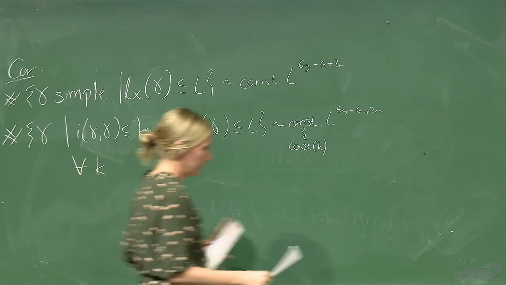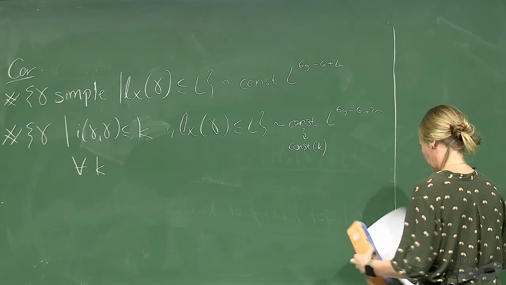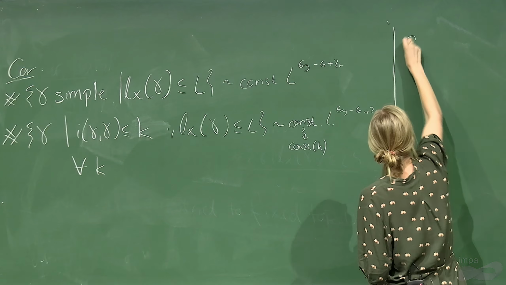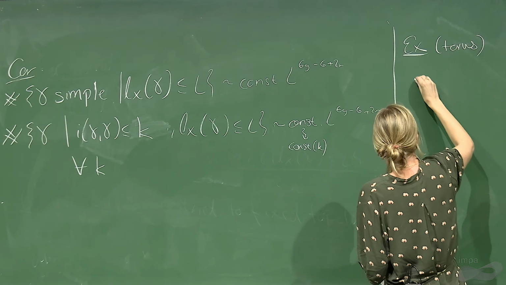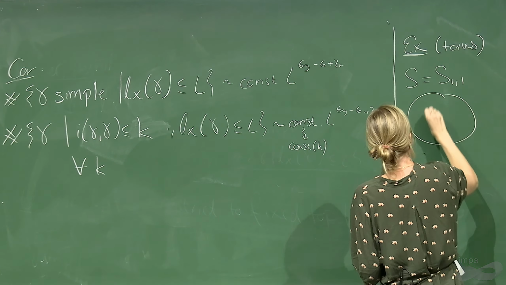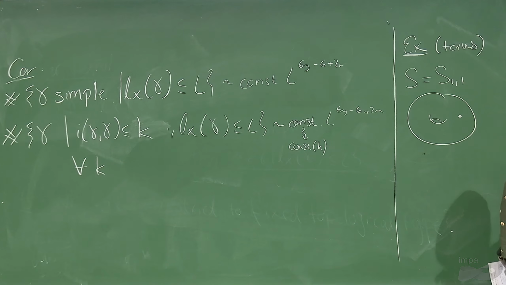Okay, so let's see what happens if we do these things in the torus. So let S be the surface 1, 1, a surface with one puncture, boundary component if you want. And let's look at simple.